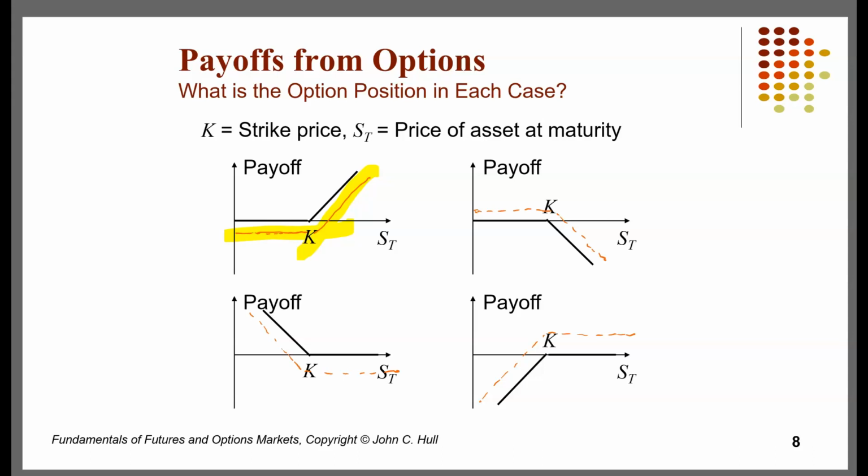When we ignore the option premium, we have the payoff. Okay, so our payoff is going to be essentially what we have here. This is going to be for our long call. This is going to be for a short call. This is going to be for a long put, and that's going to be for a short put.